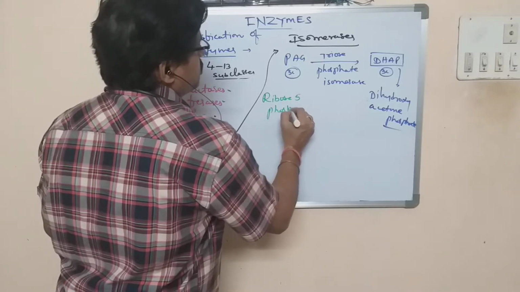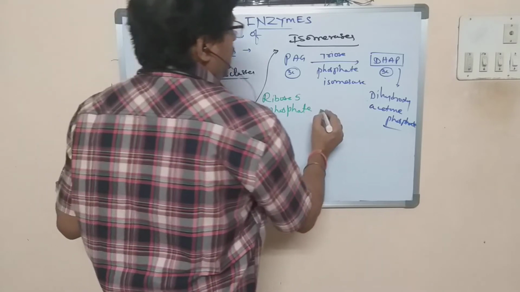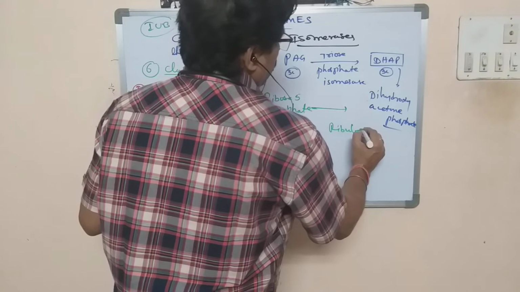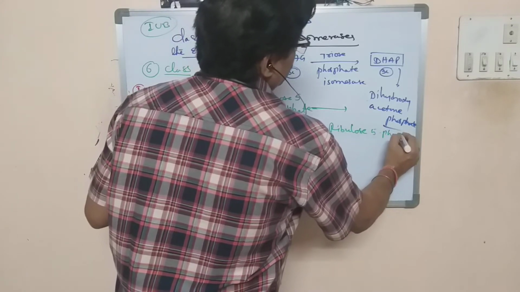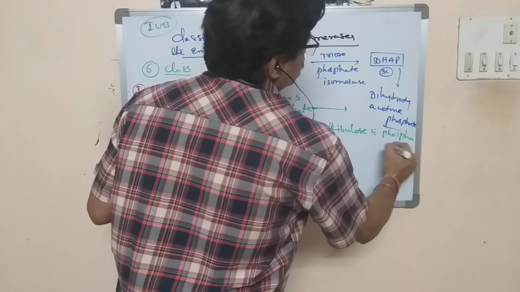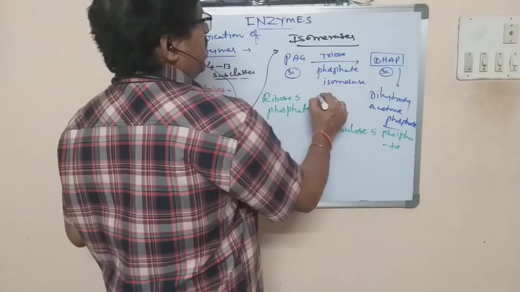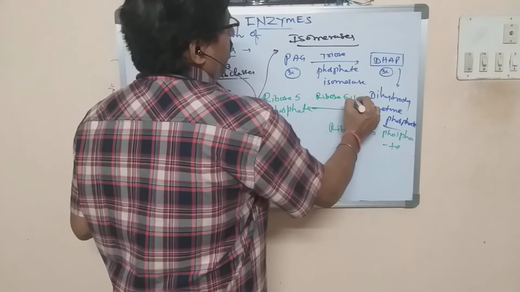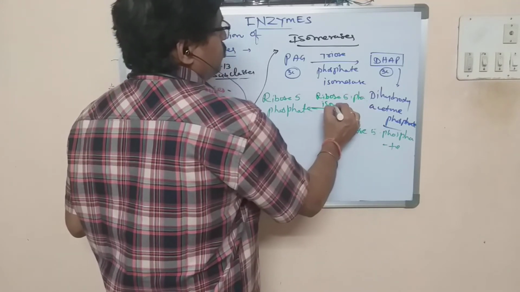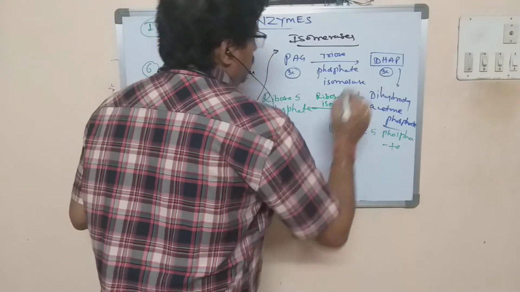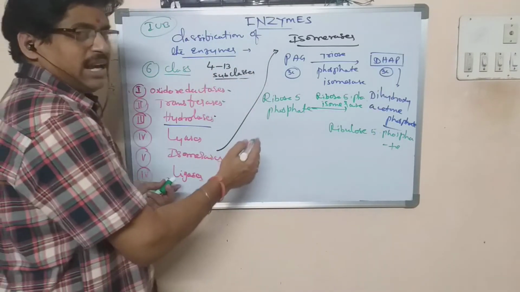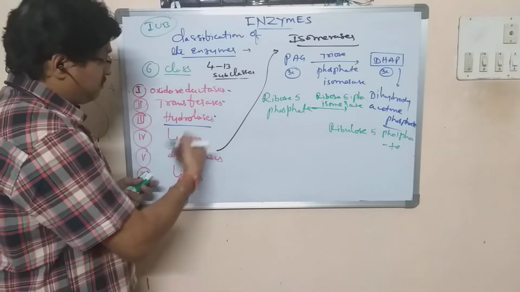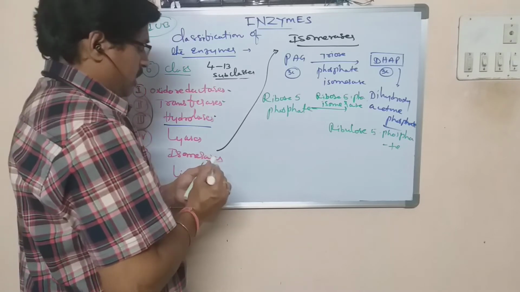It is isomerized into ribulose 5-phosphate in the presence of the enzyme ribose 5-phosphate isomerase. So these are the enzymes which act as catalysts and bring about isomerization. That is the reason they are kept under the isomerases. The fifth class of enzymes is called the isomerases.